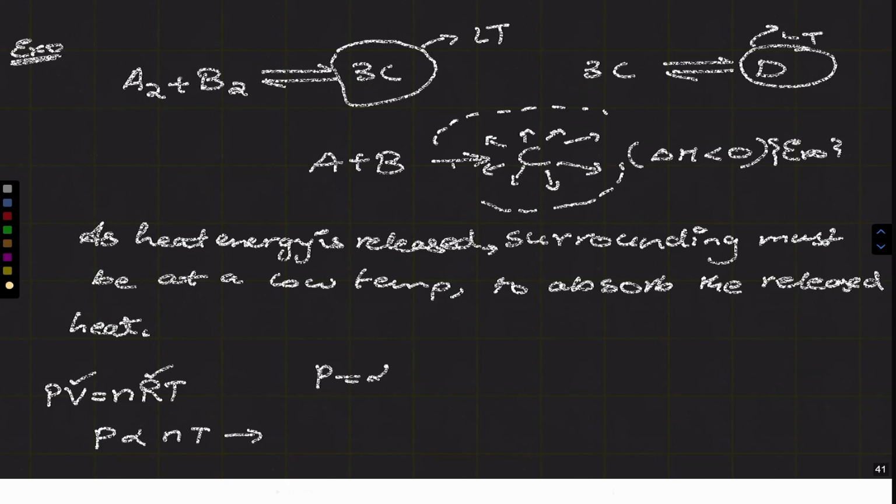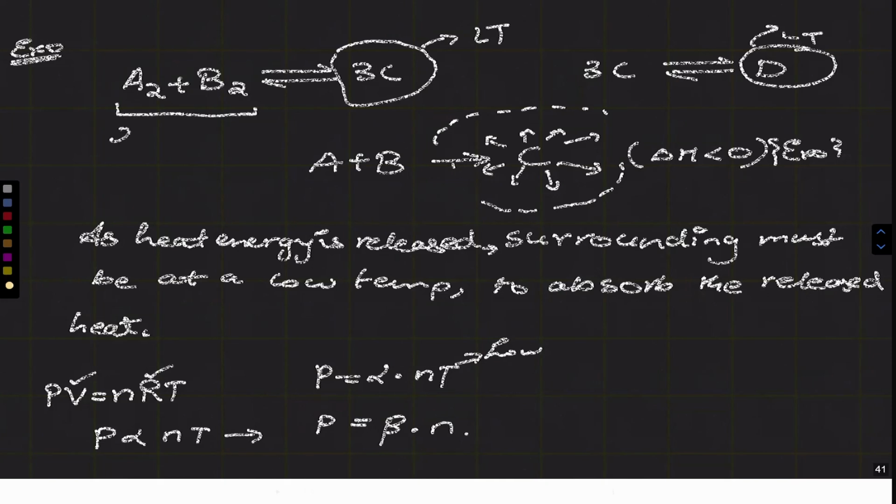So P is equal to, let's say, some alpha NT. Now, temperature is low in both the cases. So now if you can see, P is proportional, let's say this is low, right? And let's assume that for now, other than temperature, P is proportional to some beta times N. Beta times N.